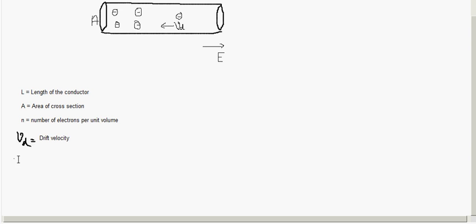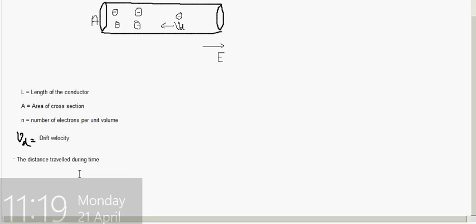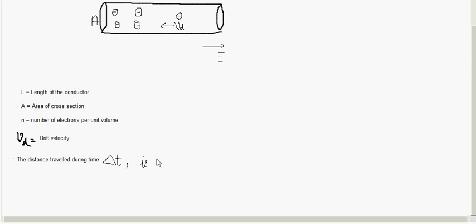The distance is given by velocity multiplied by time.